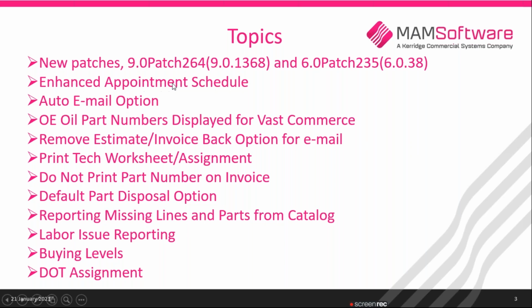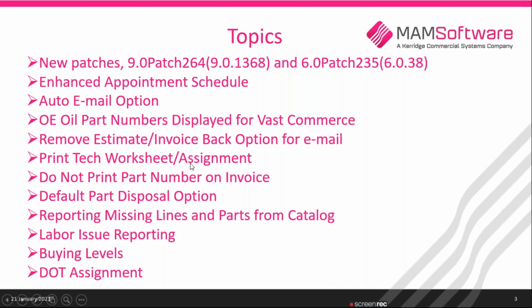Today we're going to review some of the newer functions in VAST, known as the Enhanced Appointment Scheduler, an auto email option, and OE oil part numbers displayed for VAST Commerce. This is going to be for some vehicles that call for something specific. We're going to review the estimate and invoice option, or the ability to remove the estimate or invoice back. For those of you using duplex printers where it prints an image or maybe some warranty information on the back side of the document, you have the ability to turn off the image from printing when you send the email.